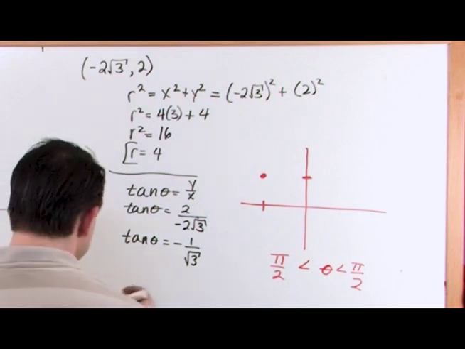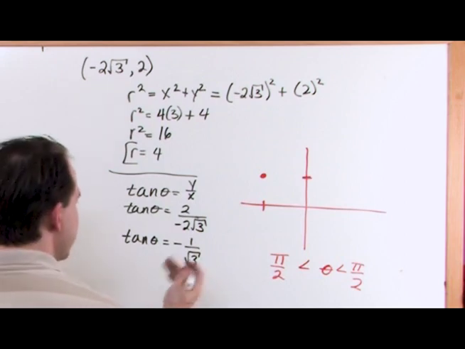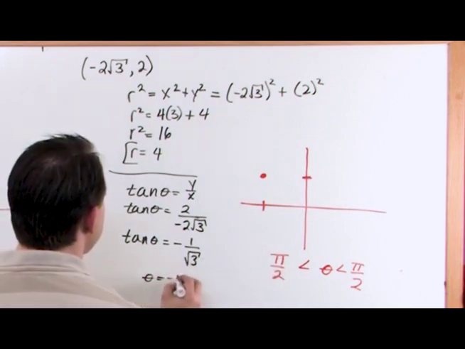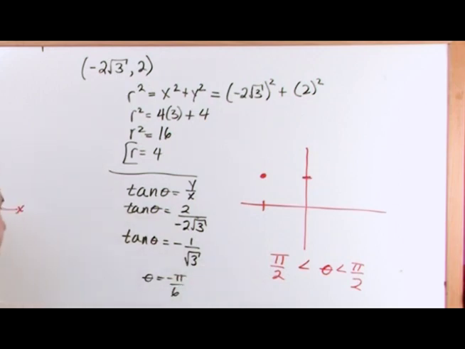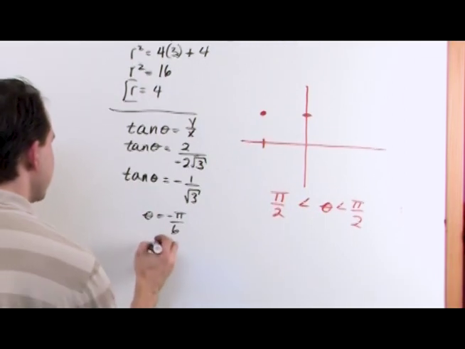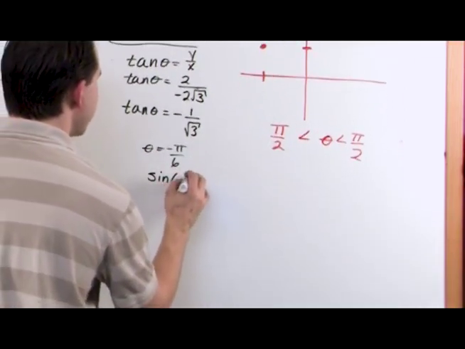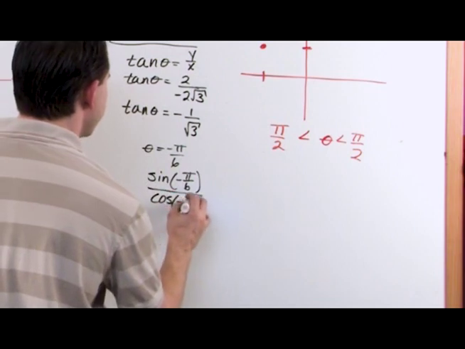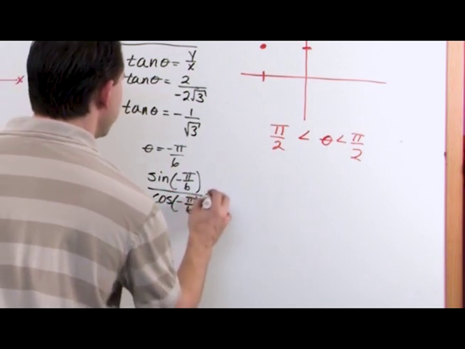So just going through the motions, because I want to make it complete, if you didn't have the benefit of this lecture, you might say, well, maybe theta is equal to negative pi over 6. Maybe that's the case, okay? Let's see if that's right. Then you would say, okay, well, tangent is sine over cosine, so sine of negative pi over 6 over cosine of negative pi over 6 is equal to what?